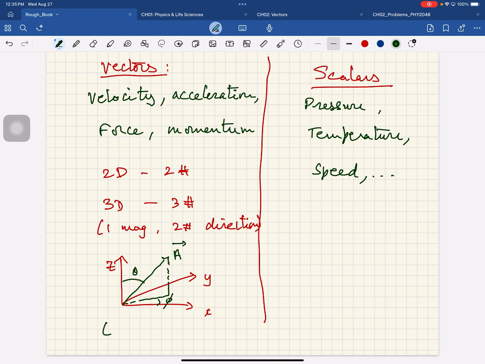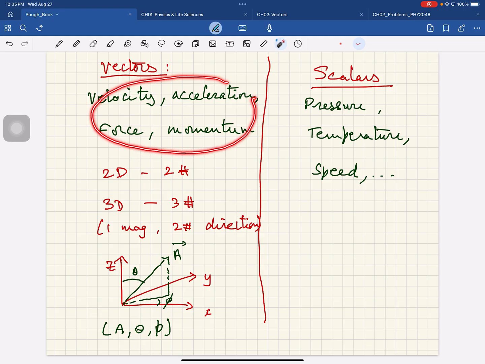So the magnitude is A, theta, and phi. If you give me these three numbers, you specified that vector. We'll be studying many quantities that are specified by a mathematical quantity called vectors.